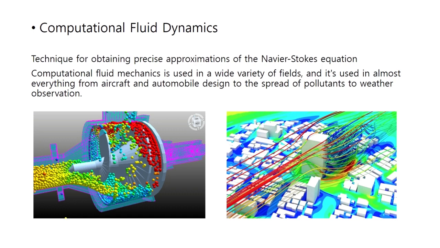The phenomena related to the flow of fluid around us can be easily observed. Computational fluid mechanics is used in a wide variety of fields, and it's used in almost everything from aircraft and automobile design to the spread of pollutants to weather observation.